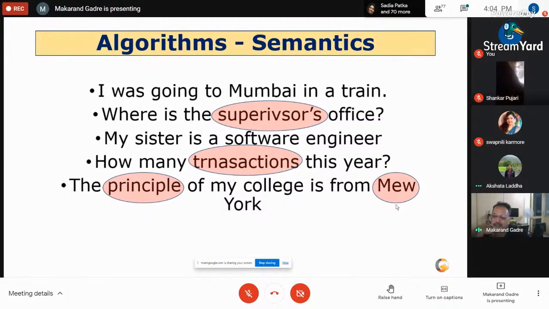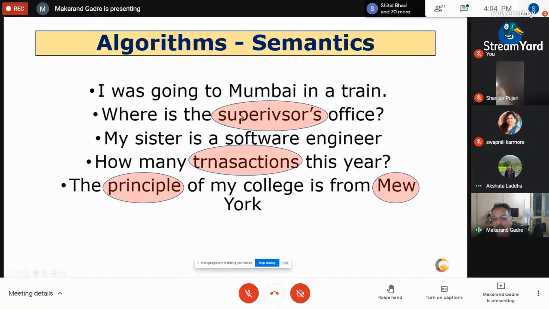But did you know it was New York or not? You knew it was New York, because there is no other town called Few York.